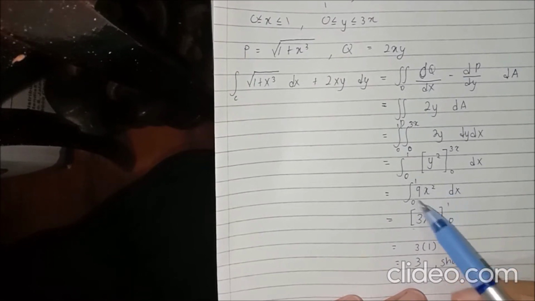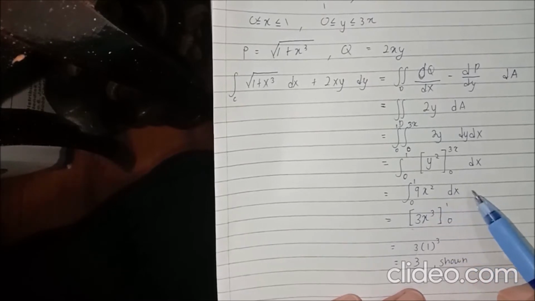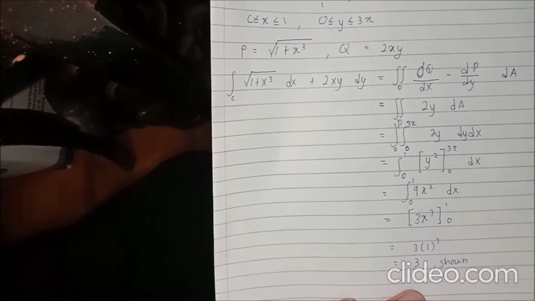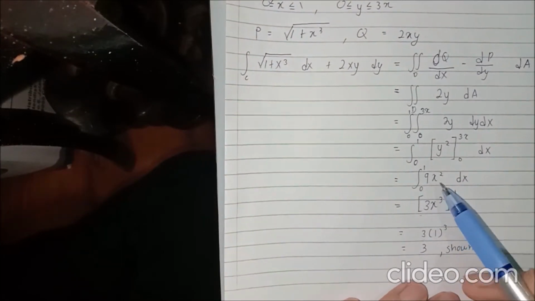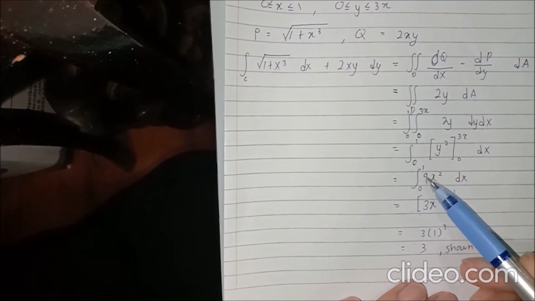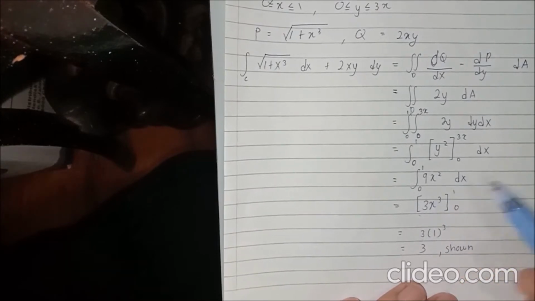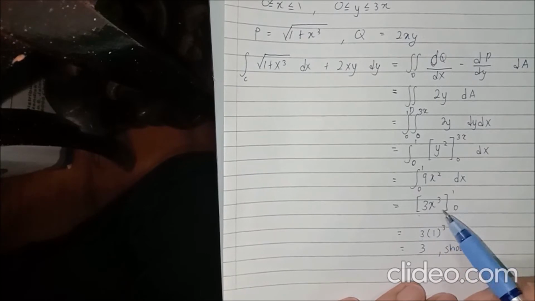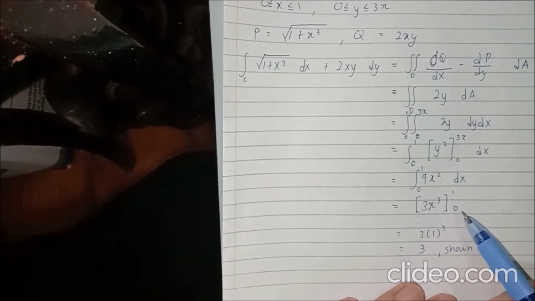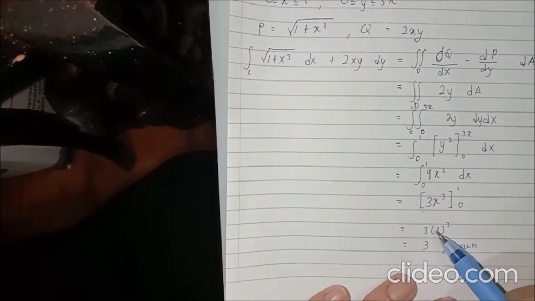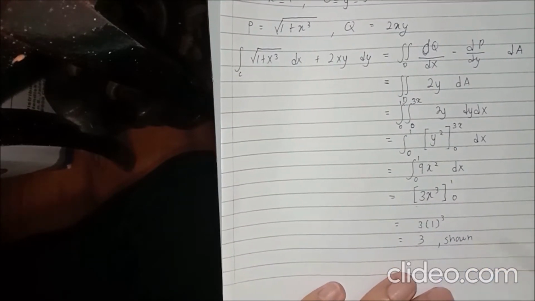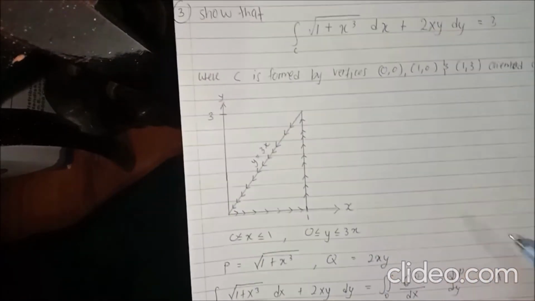This function we need to integrate with respect to x with limit from 0 until 1. If we integrate this function with respect to x, we get 3x cubed, and we substitute 1 and 0. When we substitute, we get 3. So it's shown like what the question needed.